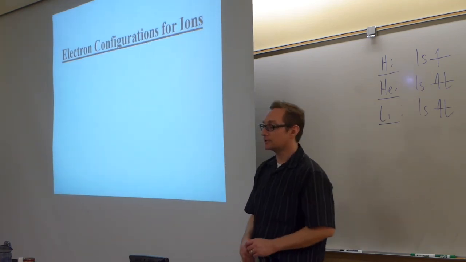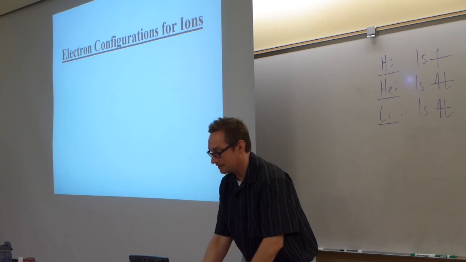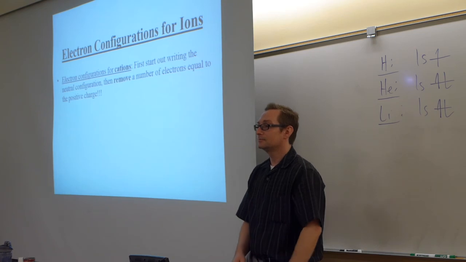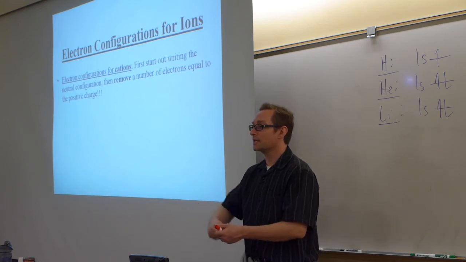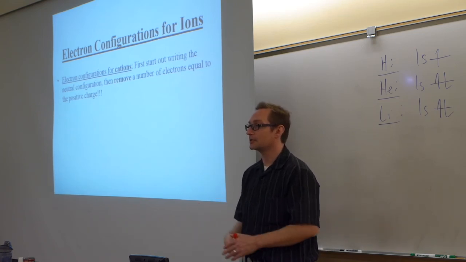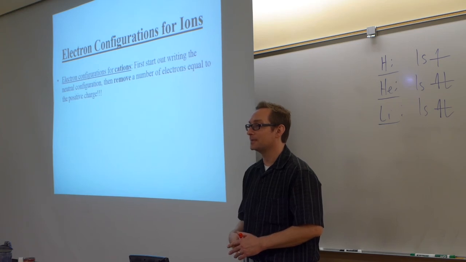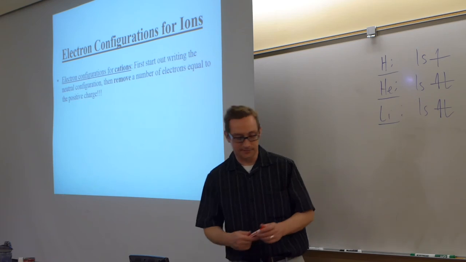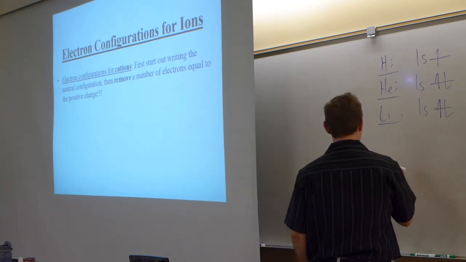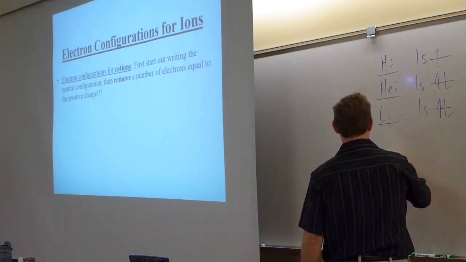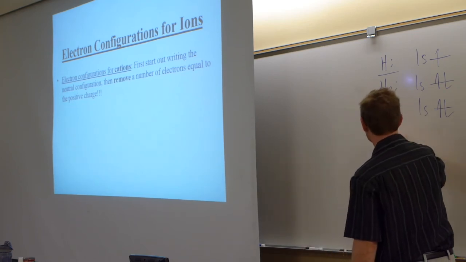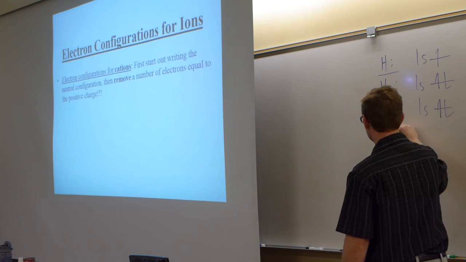So electron configurations for ions. For an electron configuration of a cation, whatever the positive charge is, you take that number of electrons off, and that's your electron configuration for that cation. Does that make sense? So what if I had magnesium 2+ versus magnesium neutral?